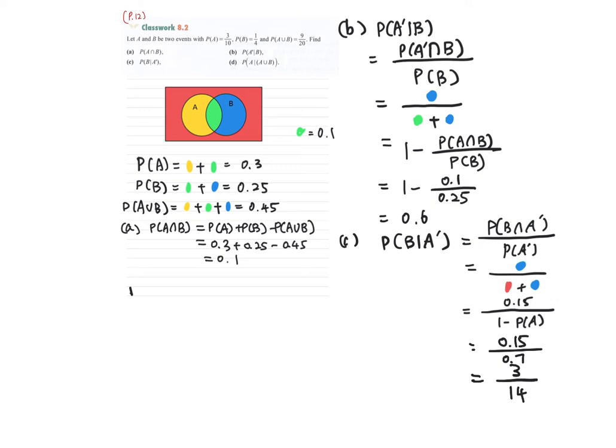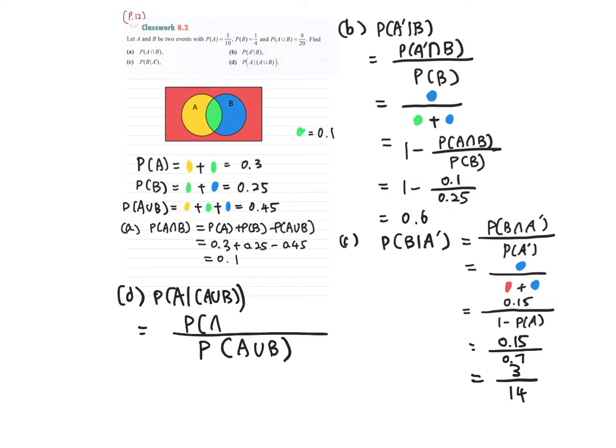And then for part D, so let's rewrite it here. We have this as the numerator, and the denominator is the given condition, so this probability has to happen. And then the probability of A intersection A union B means A union B and A have to happen together.